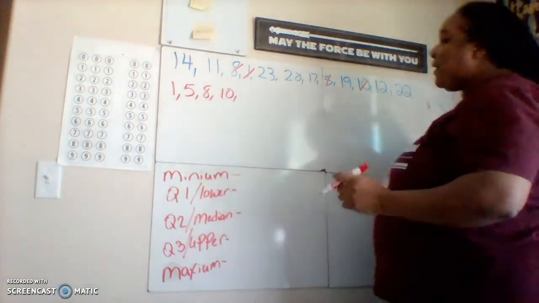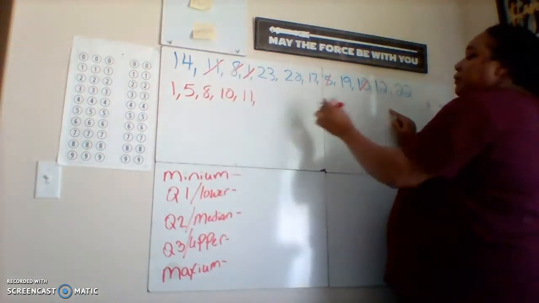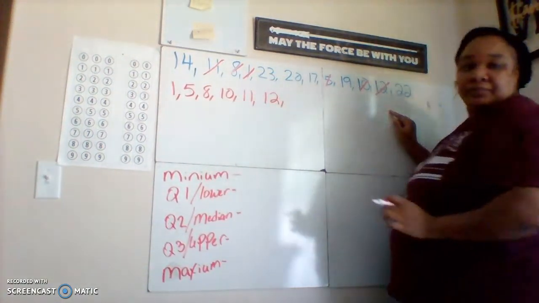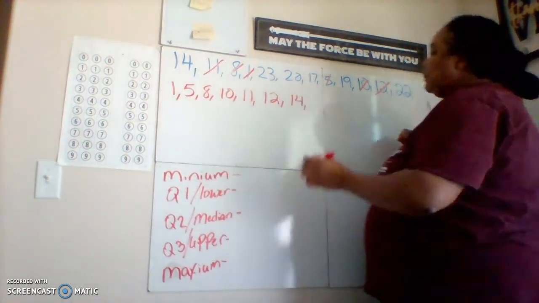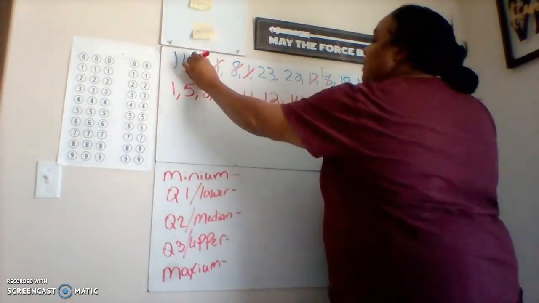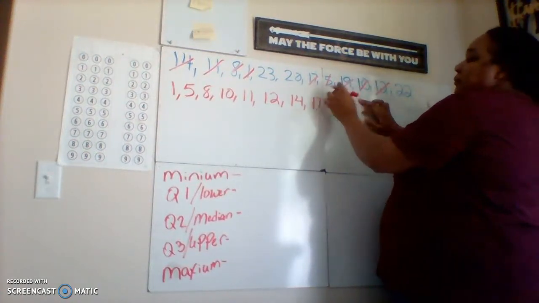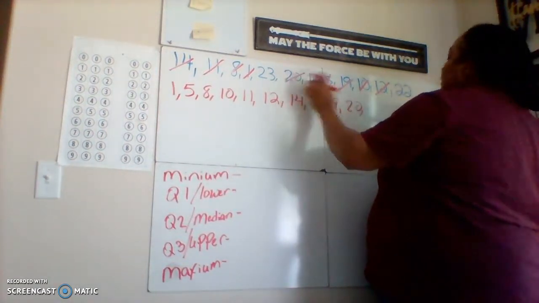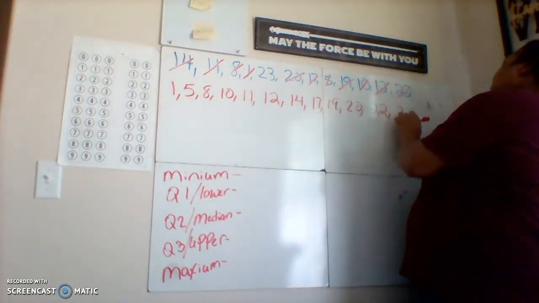We have 11, which is right here. 12. 14, 17, make sure it's my 14, we have a 19, okay, I have 20, 22, and 23. Okay?